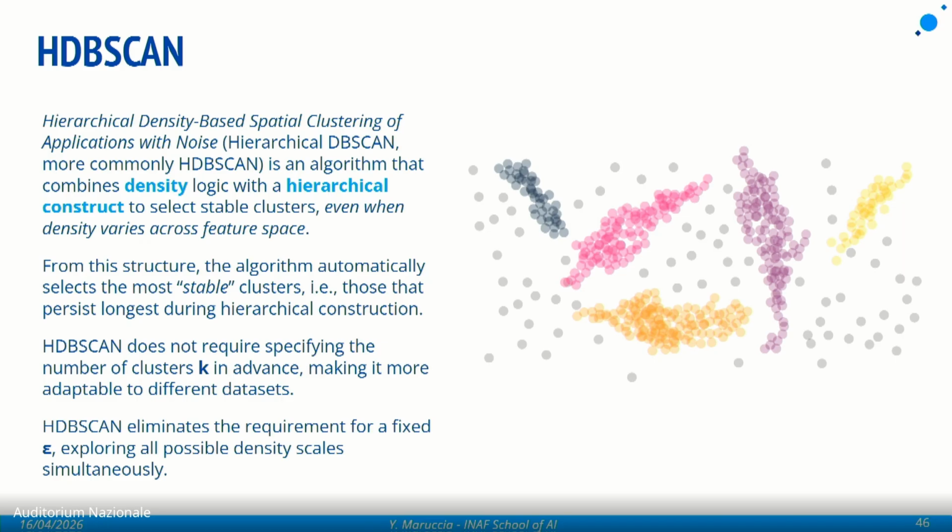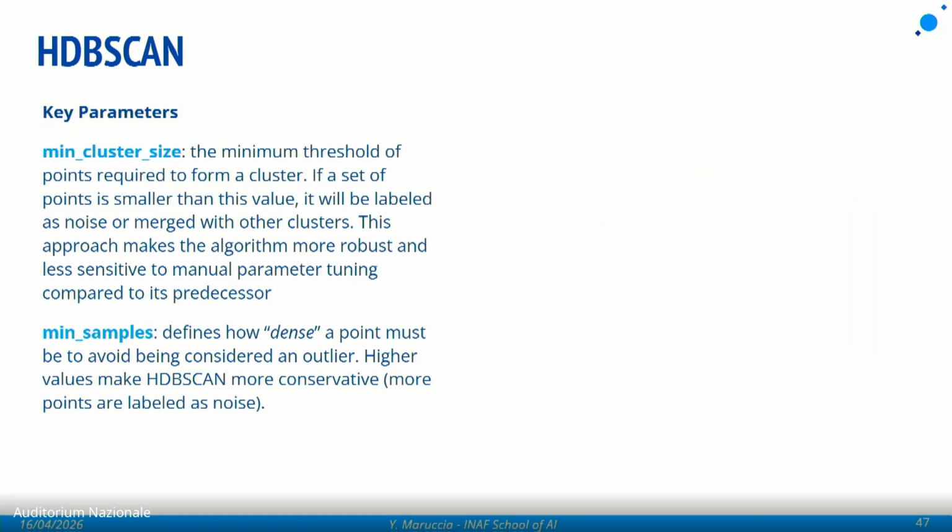Here we are introducing another step, that is the density together with the hierarchy, the hierarchical construct, and the notion of the stability, of the persistence of the clusters, how persistent these clusters will be, and how to translate it into a mathematical way.